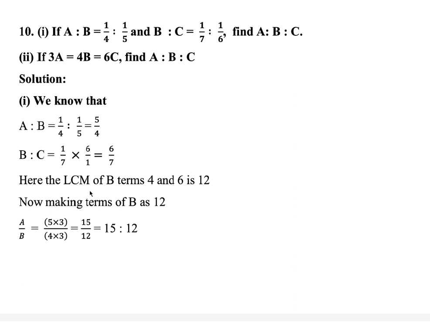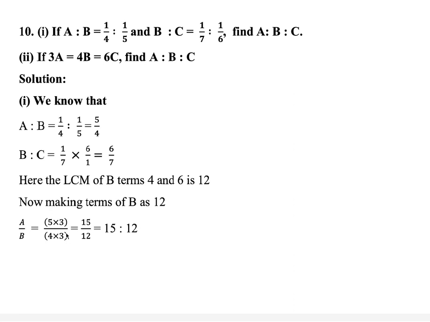So right now the LCM of B in terms of 4 and 6 will be 12. So A by B, that is the 5 by 4, multiply the denominator part into 3 is equal to 12.